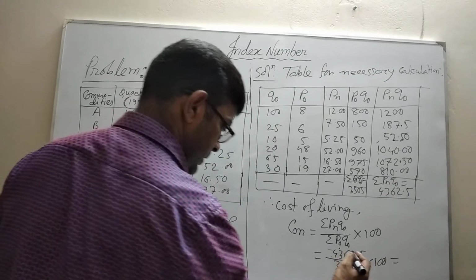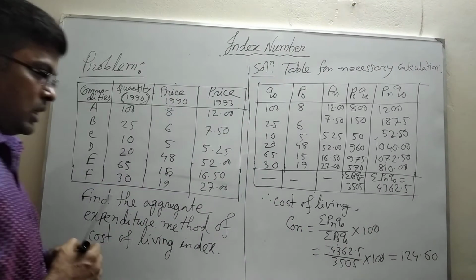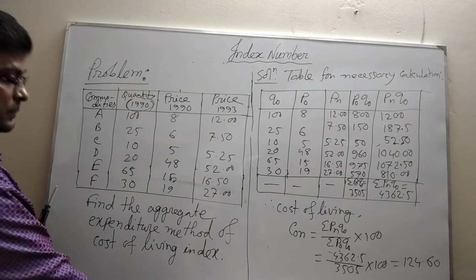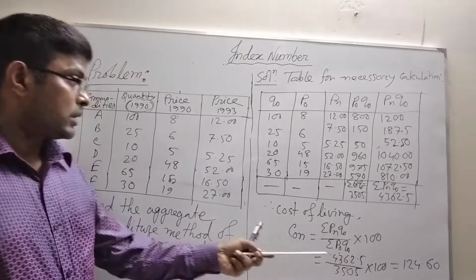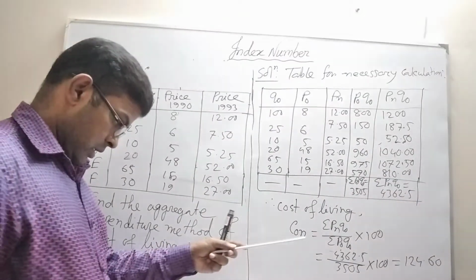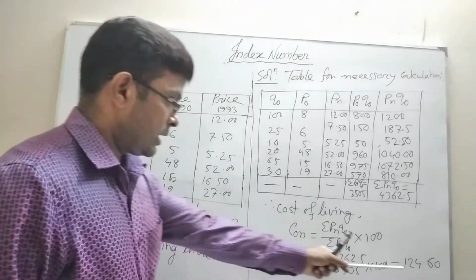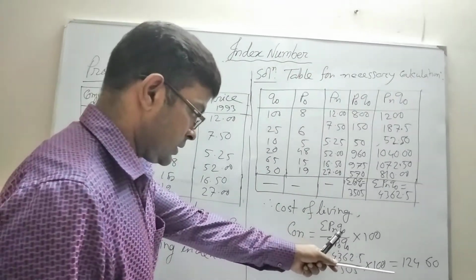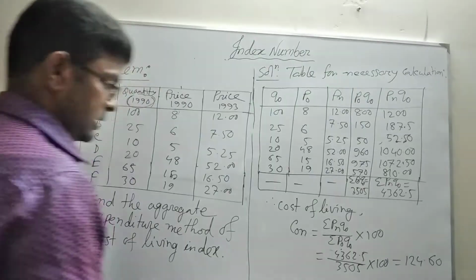The final result is 124.46. Now we can comment. In this method, the cost of living increased by 124.46 minus 100, that means 24.46%.